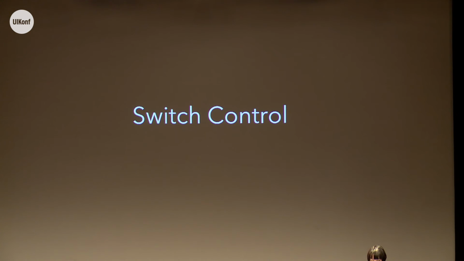And then in iOS 7, this has to be the best feature of iOS 7, Switch Control. You can control your whole phone with a switch. How awesome is that? You can also set up multiple switches if you want to get really elaborate. But yeah, we're going to quickly do a demo on how to set up Switch Control.